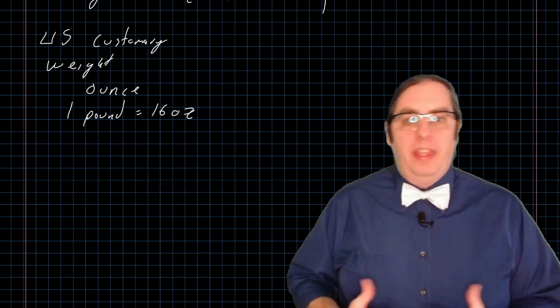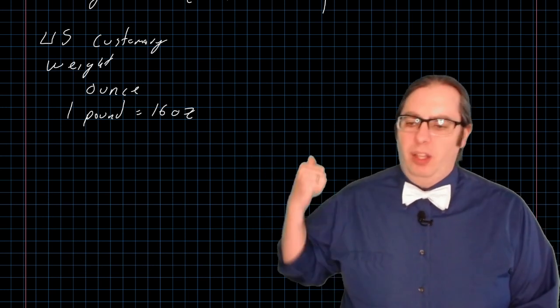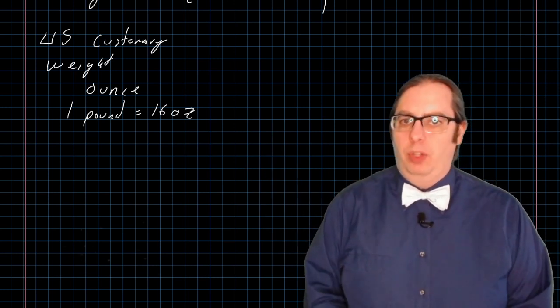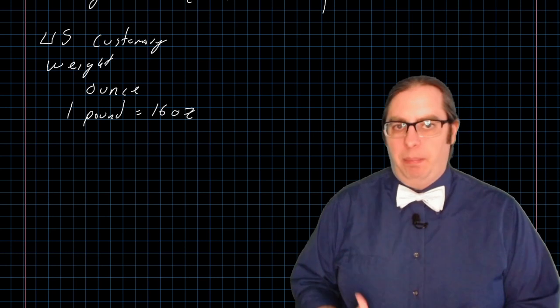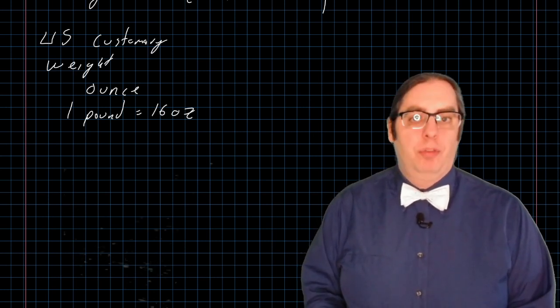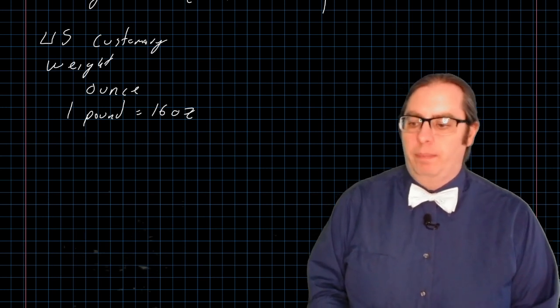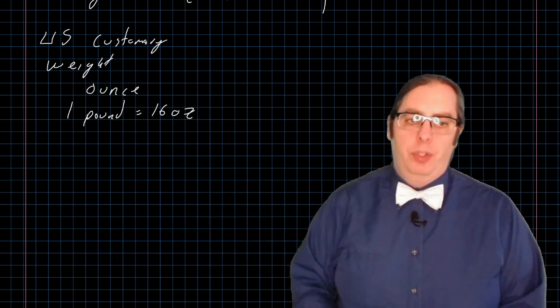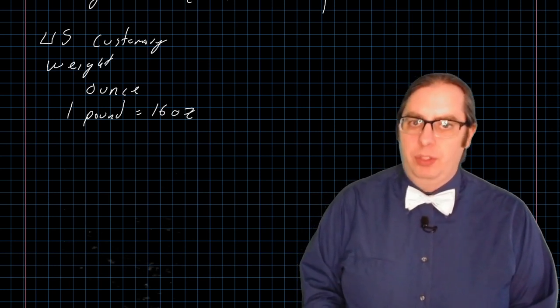At least one thing that makes sense. There is an ounce of weight. There was also a fluid ounce for liquids. And it seems odd that we need both of these, but they are in fact the same measure. In fact, an ounce of weight is defined as the weight of 1 ounce of water. And the pound of weight is defined as the weight of 1 pint of water.